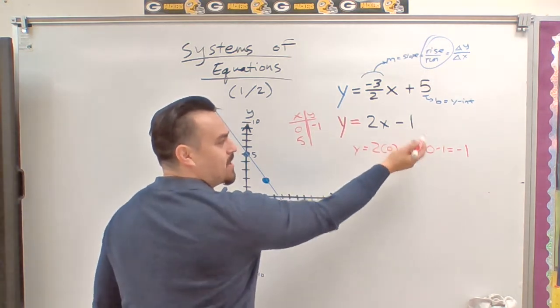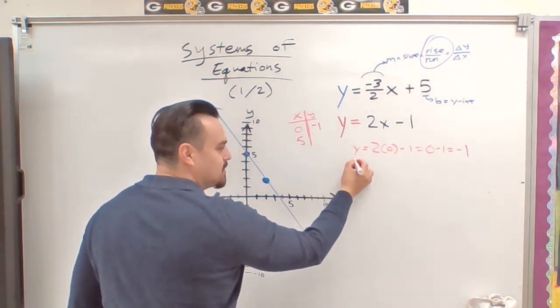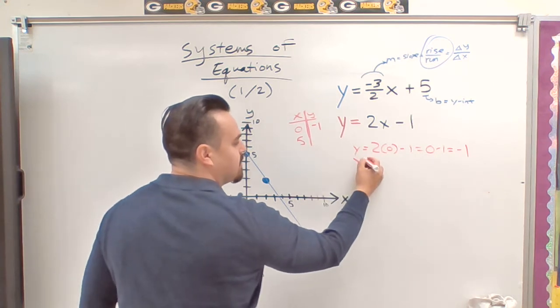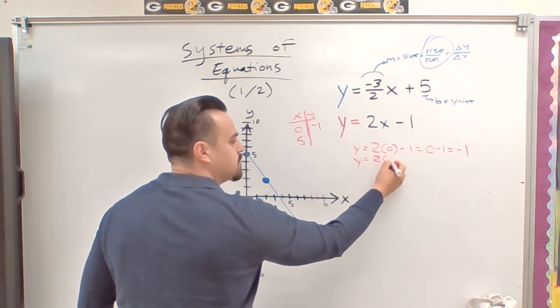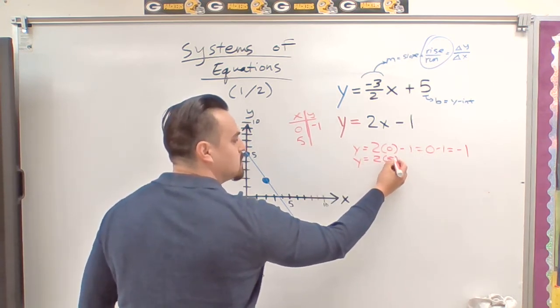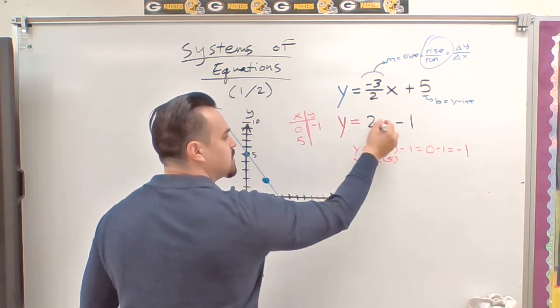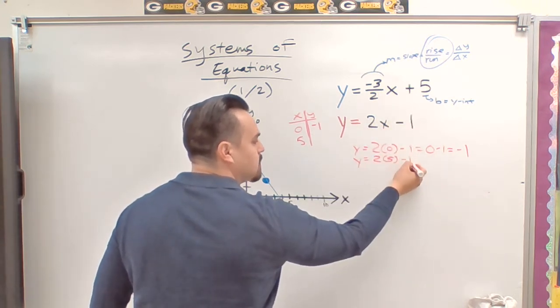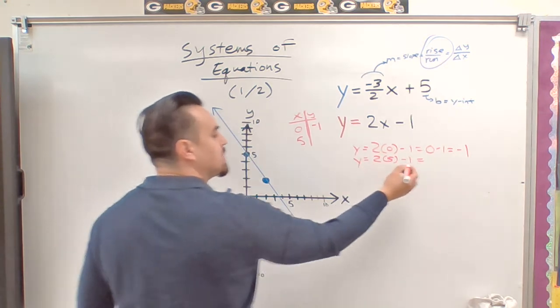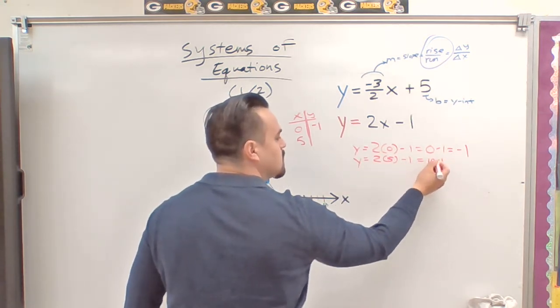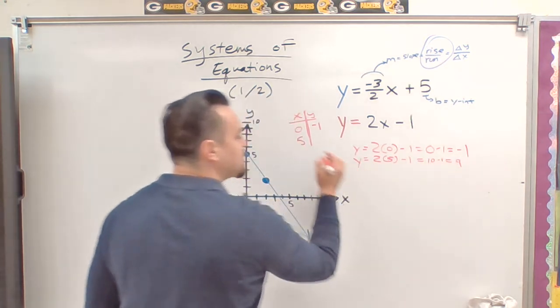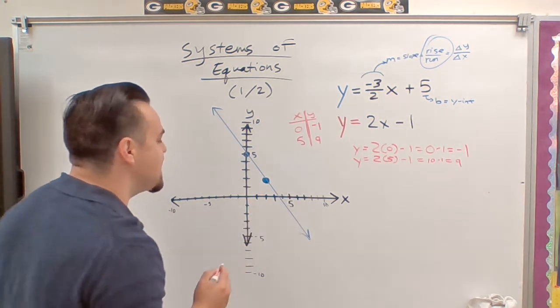Makes sense, right? That's our y-intercept. How about when x is equal to 5? What is y then? 2 times 5, just plugging in for that x. 2 times 5 minus 1. That'll be 10 minus 1, which is 9. So when x is 5, y is 9.